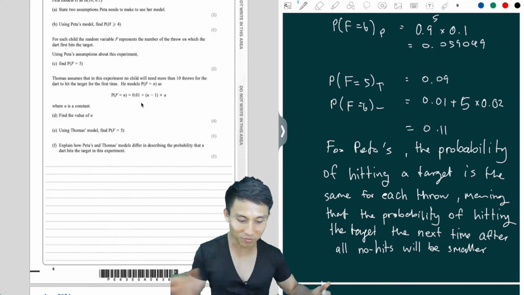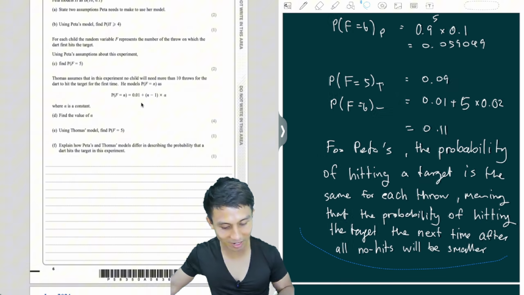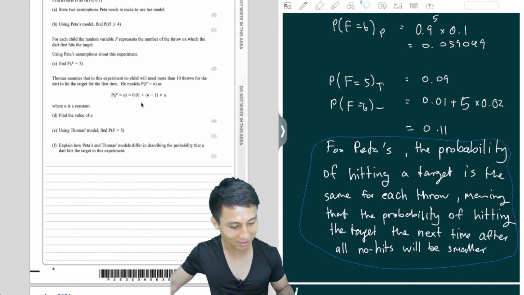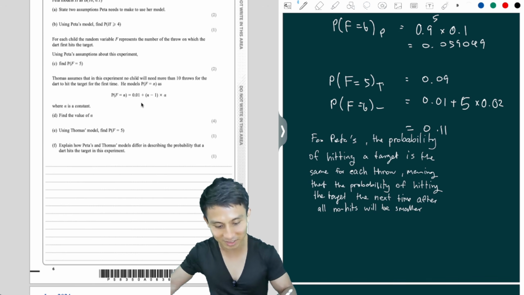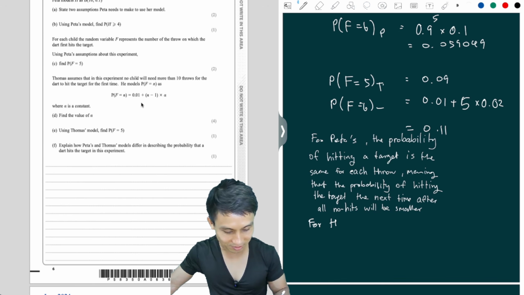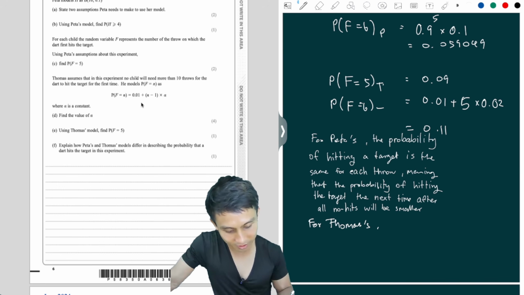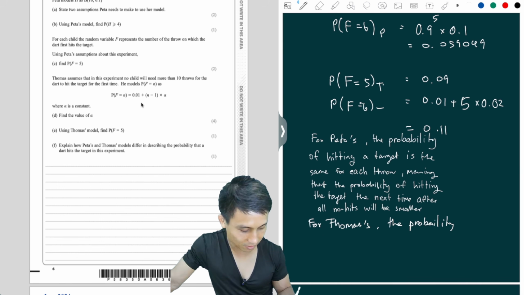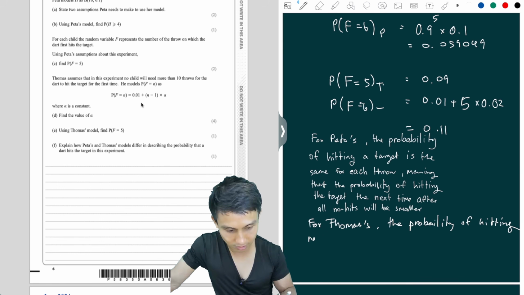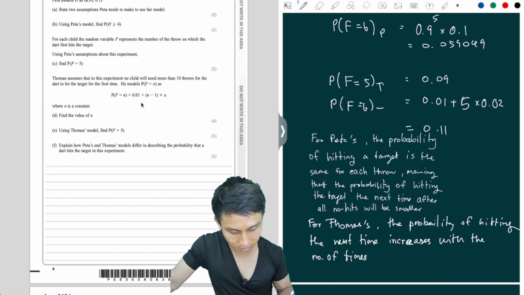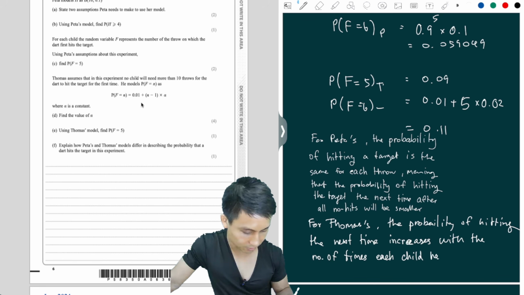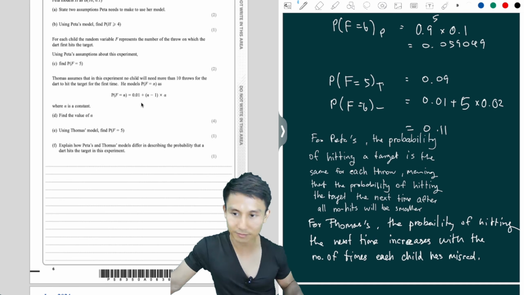That's bad, right? If you think about reality. You don't improve at all. That's what it's suggesting there. But for Thomas's, the probability of hitting the next time increases with the number of times each child has missed. Okay, there you go.